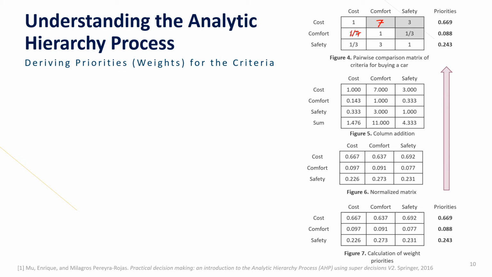And then next, when we compare cost to safety, let's say cost is moderately more important than safety, so they put 3 here, and then put 1 divided by 3. Next is to compare comfort and safety. Here, the decision maker says that safety is moderately more important, so you put 1 divided by 3 and then put 3 here.